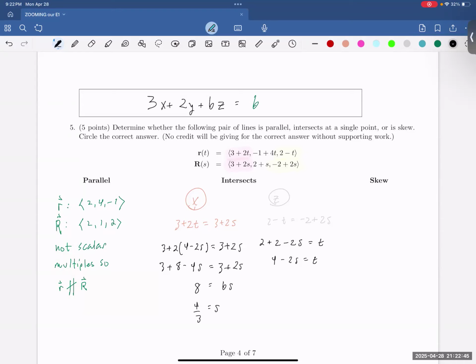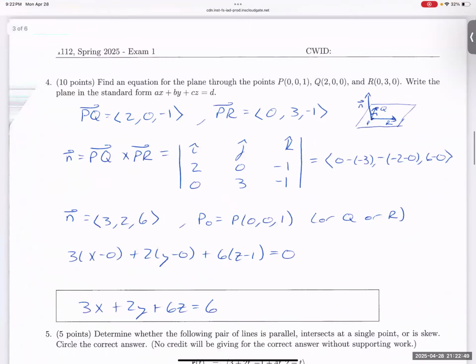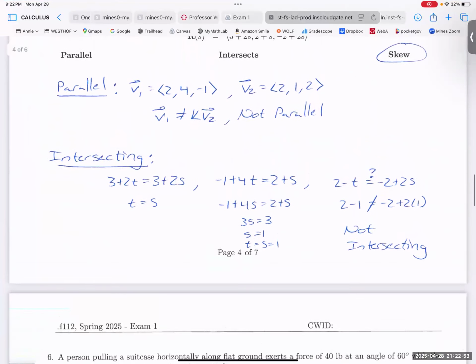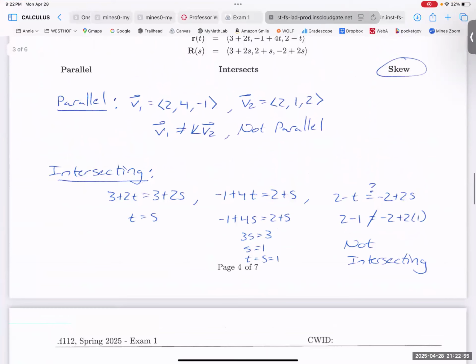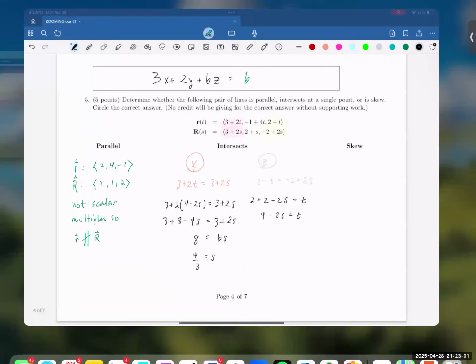Then I'm going to check. S is 4/3. Do I get 4/3? Oh, you know what? I should know better.